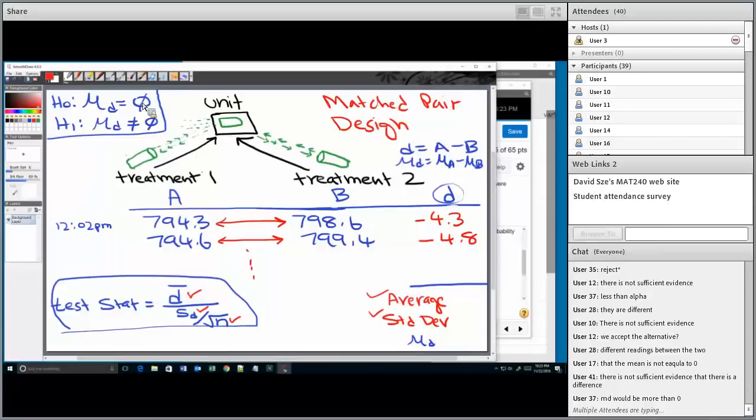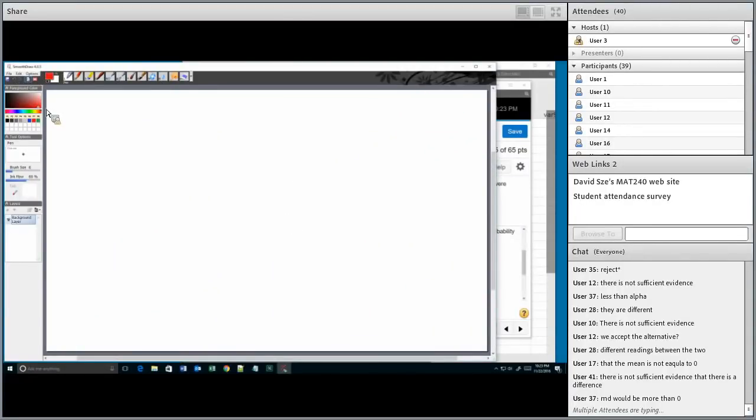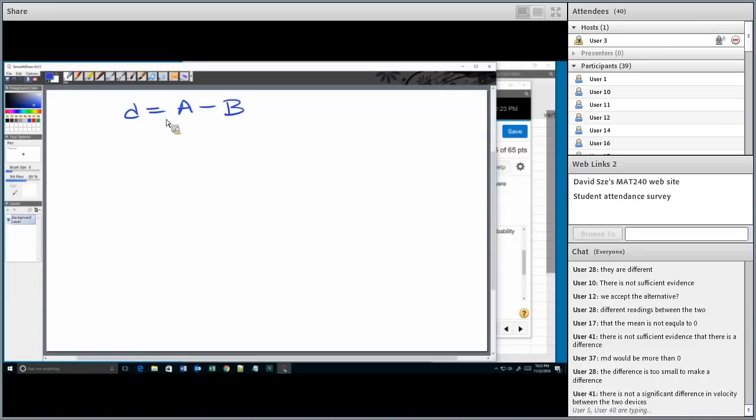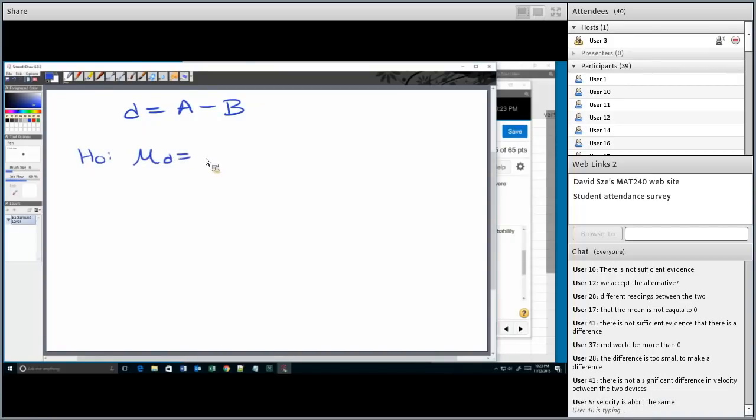Let me tell you what that would imply. We know our D is A minus B. The measurement of A minus the measurement of B is our difference. Under the null hypothesis, the average difference we said is 0.